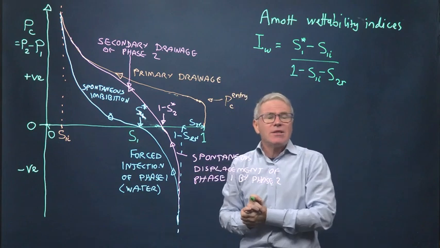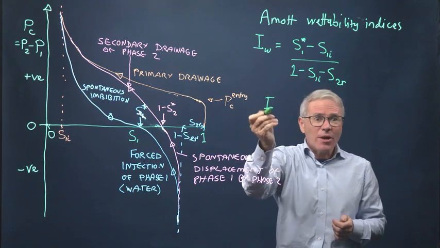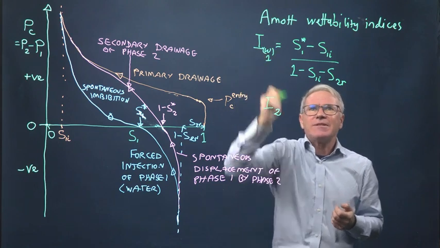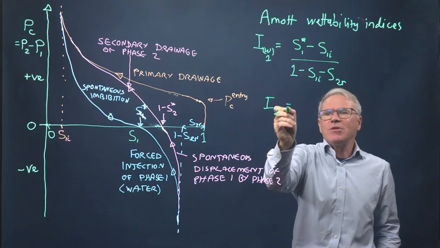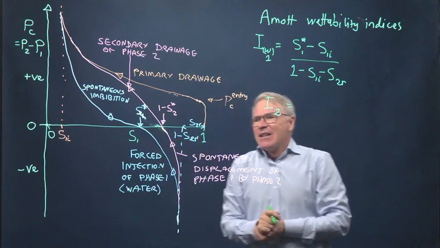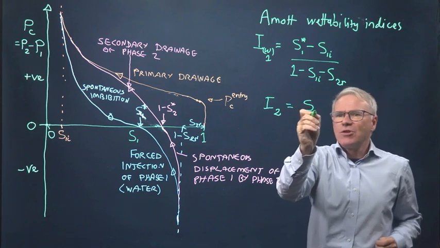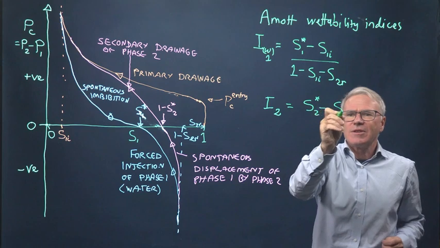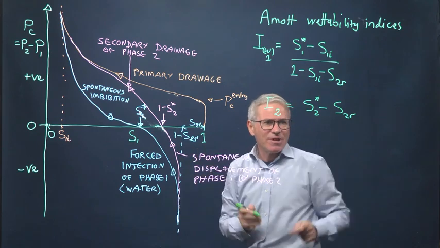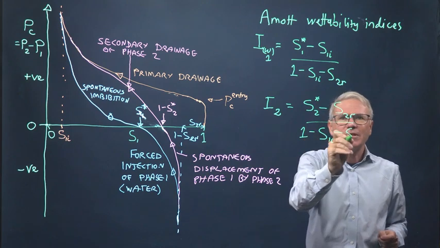Okay, so that's the wettability index for water, and we can have the wettability index for oil, or phase 2. This is really phase 2 because it can be a gas, and this can be water, but that's phase 1. For phase 2, it's the amount of spontaneous imbibition of phase 2, going from there to there, which is S2* minus S2R. So it's the change in S2 due to spontaneous displacement divided by the total amount, which is the same in both cases.